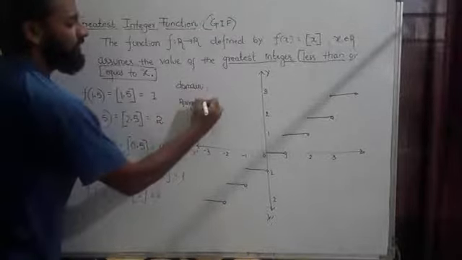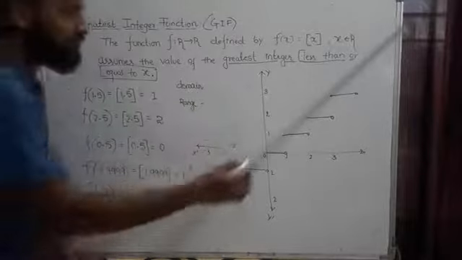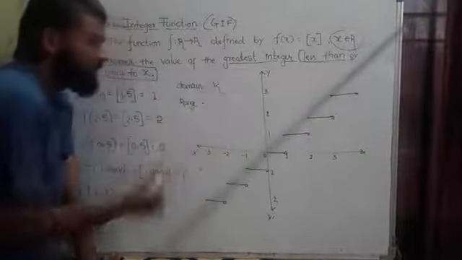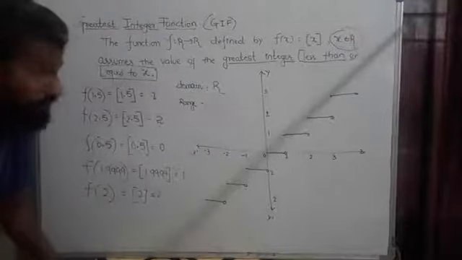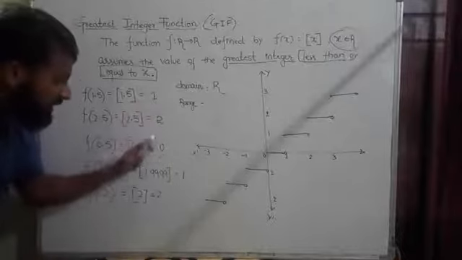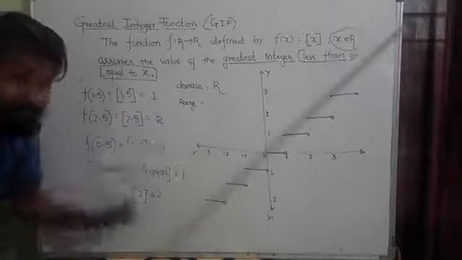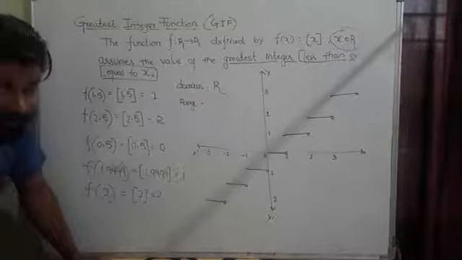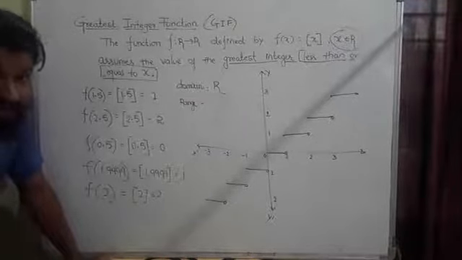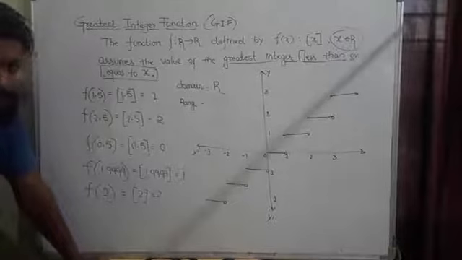As you can see, my dear friends, the domain, as they have said here, x belongs to R, so the domain will be real numbers. But what about the range? What are the answers you are getting? Yeah, the answers are complete integers. You will not get any decimal numbers. They will be integers only.